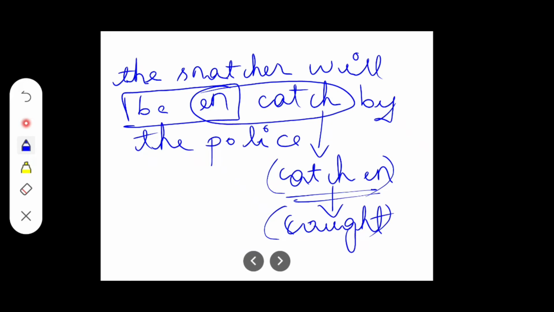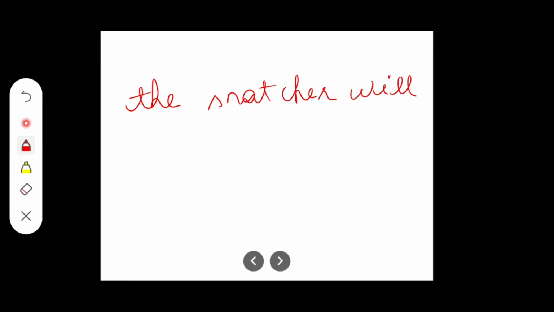Now the sentence is: the snatcher will be, this "en catch" is converted to catchen, and again this catchen is converted to caught by one of the morphophonemic rules. So the final sentence will be: the snatcher will be caught by the police.